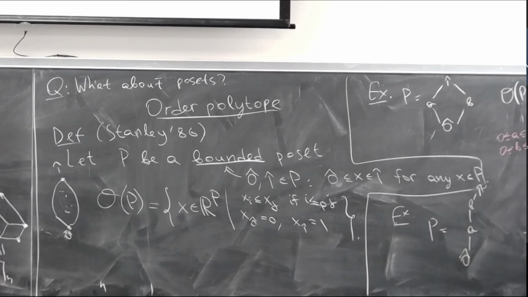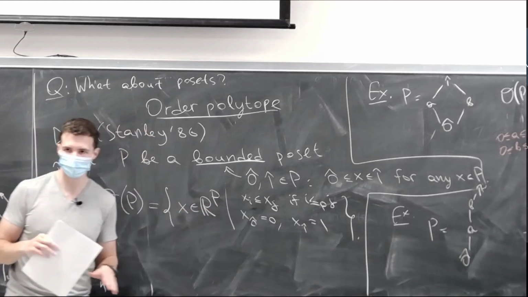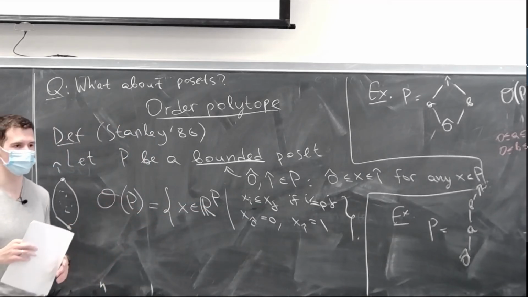Any ideas? Okay, so you want one of these to be an equality and the rest to be strict inequalities.